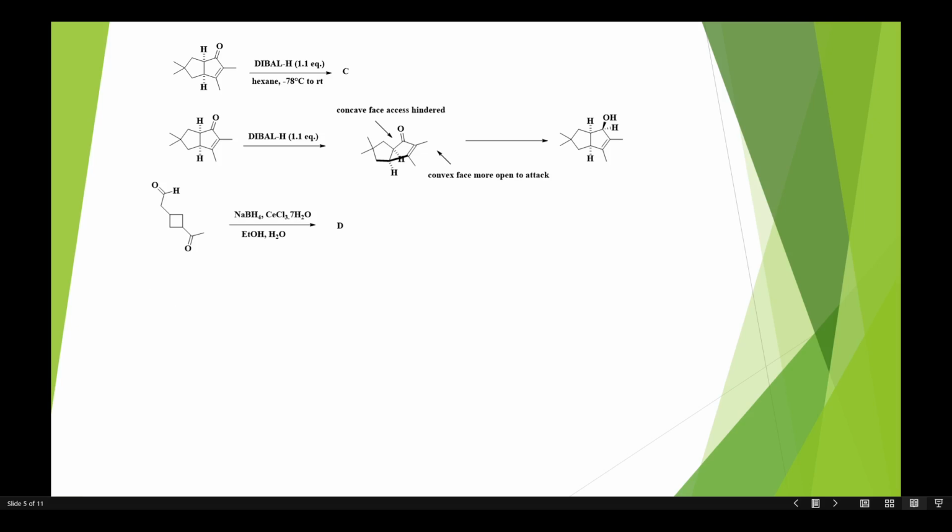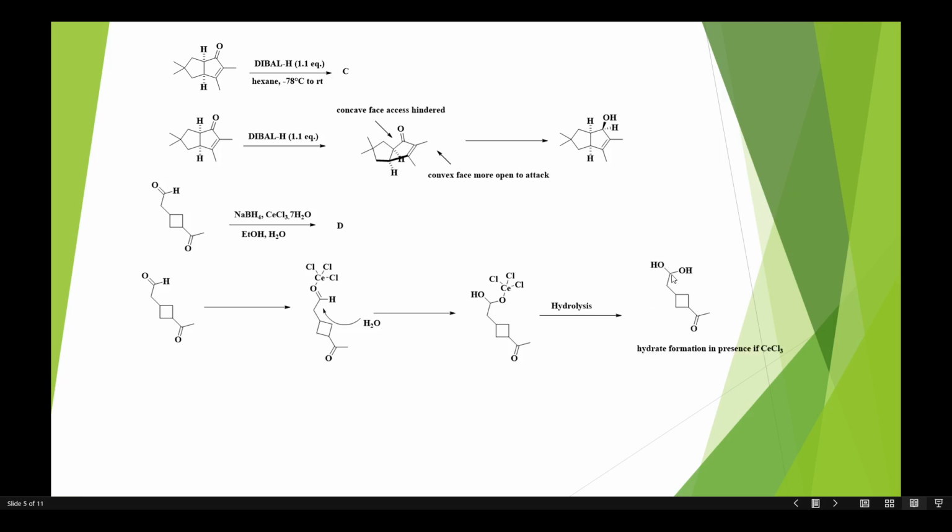With the hydrate, you should see the mechanism. First, we have an aldehyde and a ketone, but among them, which one is much more reactive? The aldehyde is much more reactive as compared to the ketone. That's why first it will react with the Lewis acid, the trichloride, which will activate the aldehyde group, and the water present in the hexahydrate will attack and form the hydrate.